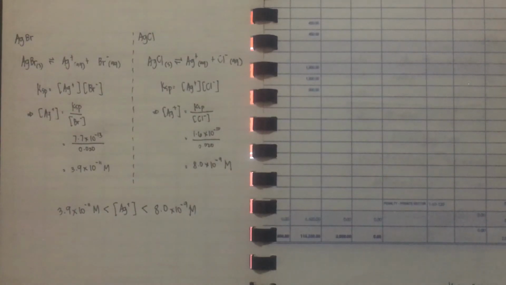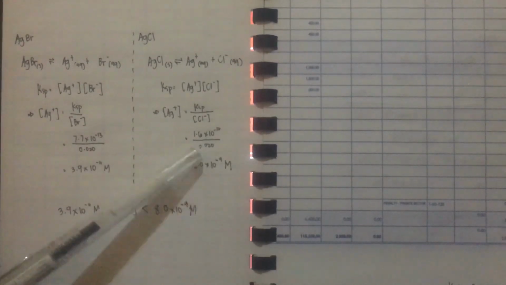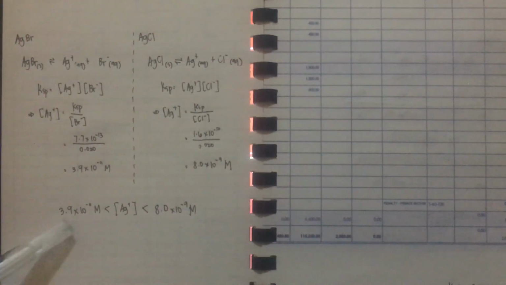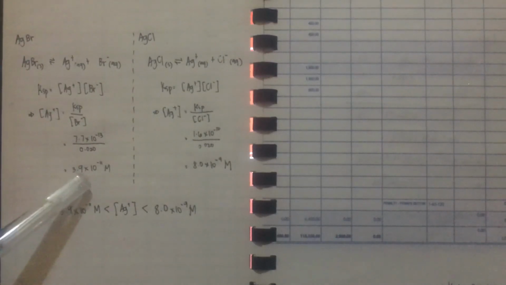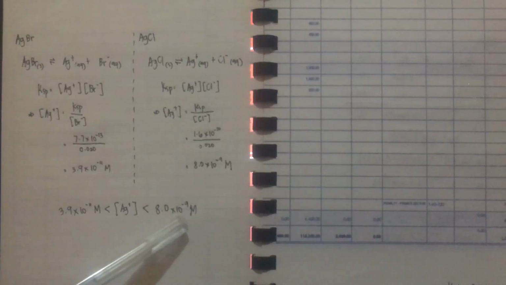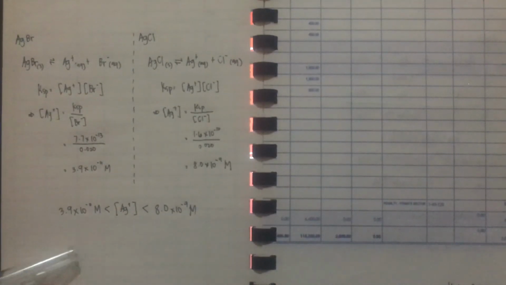The question asks for the concentration of silver ions that could precipitate the silver bromide without precipitating the silver chloride. So the range of the concentration needed is 3.9 times 10 to the negative 11 up to 8.0 times 10 to the negative 9 molar. This is our final answer.